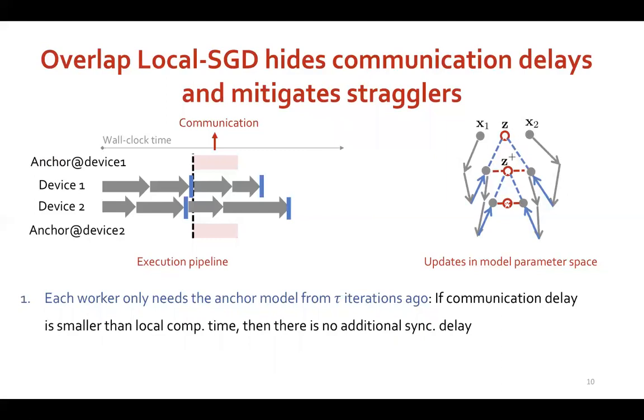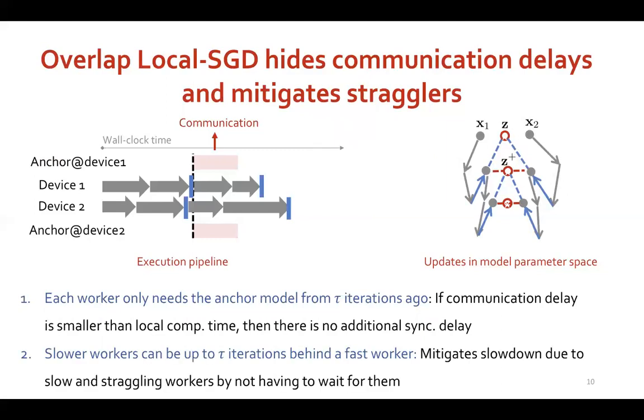Another bonus benefit of Overlap-SGD is that it intrinsically provides some robustness to straggling nodes. And this is because some workers can do local computation faster than others, and the slow workers can be up to tau iterations behind a fast worker. So in this example, if device 2 takes a longer time to finish its local computation, device 1 does not have to wait for it.